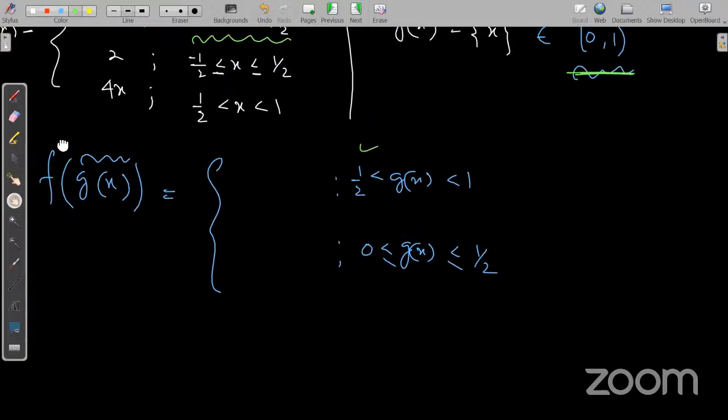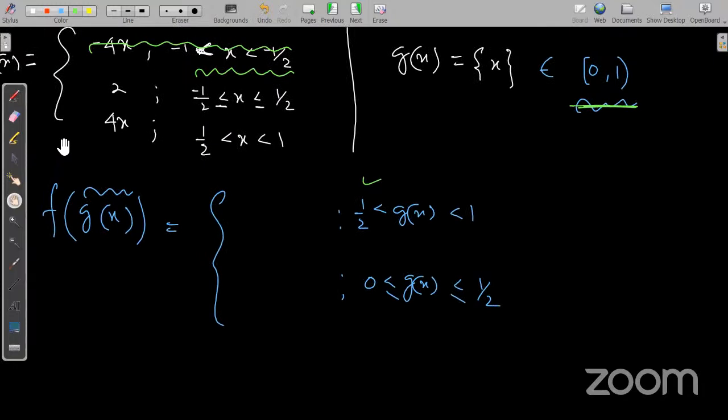Okay, so now tell me, when g of x is lying between 1 by 2 to 1, when the input is lying between 1 by 2 to 1, what is the nature of f of x? When the input is lying between 1 by 2 to 1, the function is giving you 4 times x.